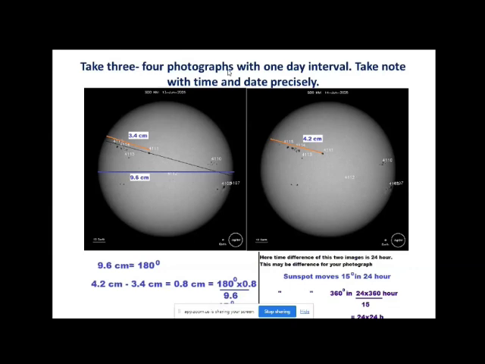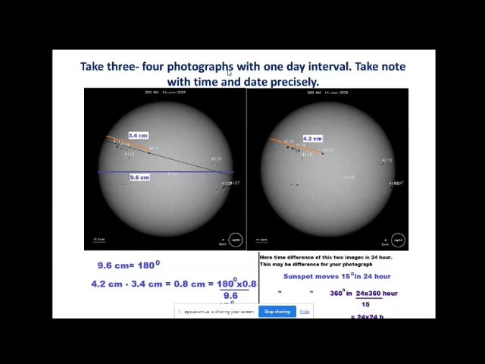Just take the difference in hours, not days. Let's say on 13th June I took it at 8 a.m. and on 14th June the time is 9 a.m. So this is a 25-hour gap. Don't worry, just take the 25-hour gap for the sunspot to move from one point to another.